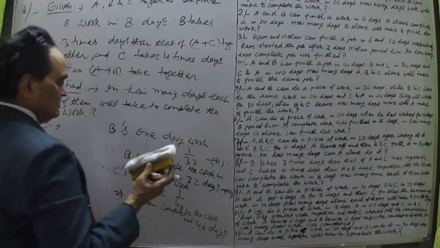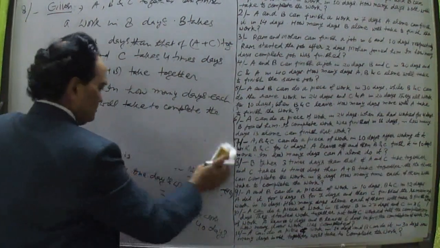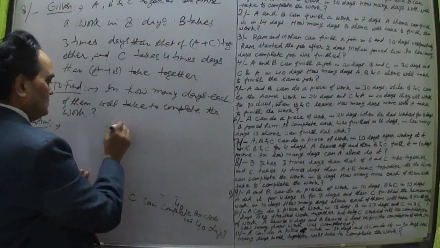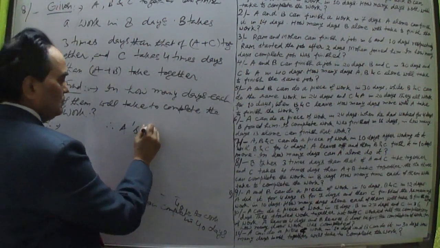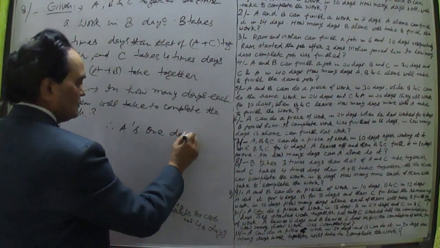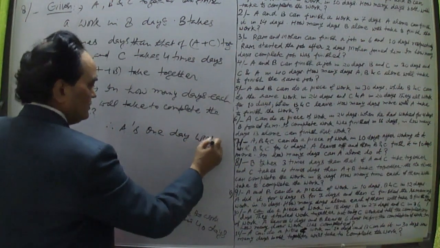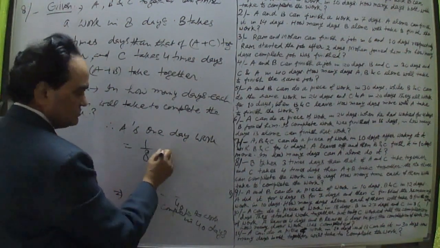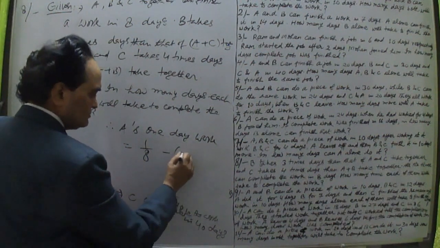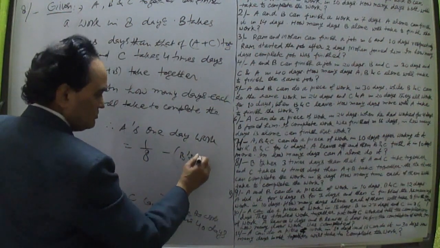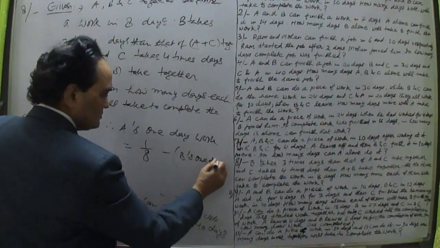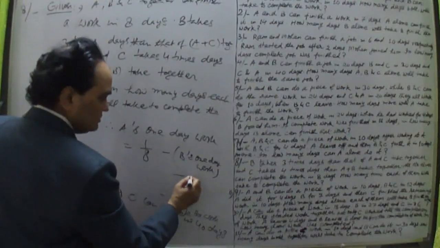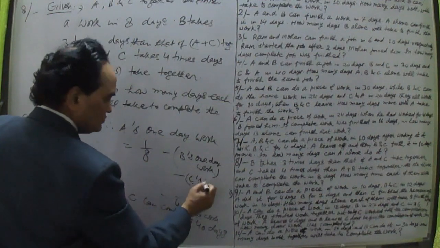Therefore, what is A's working time? A's 1 day's work is equal to 1/8, which is all three's work, minus B's 1 day's work, minus C's 1 day's work.